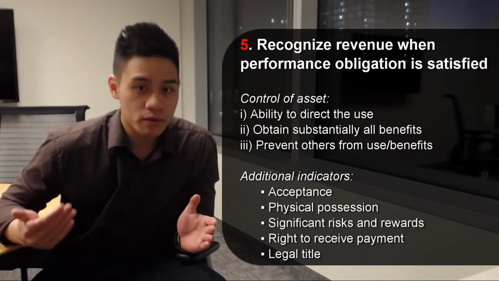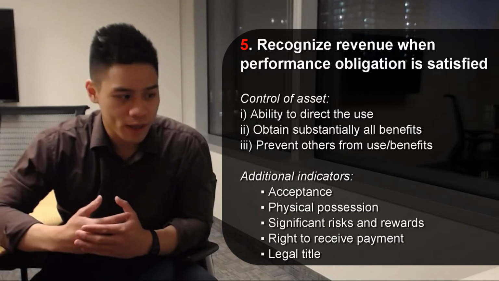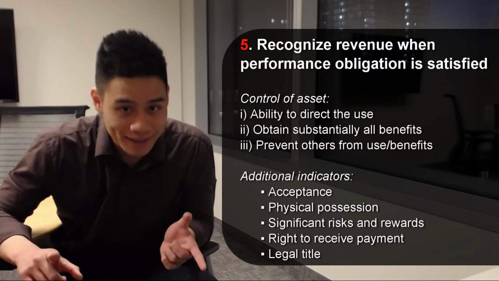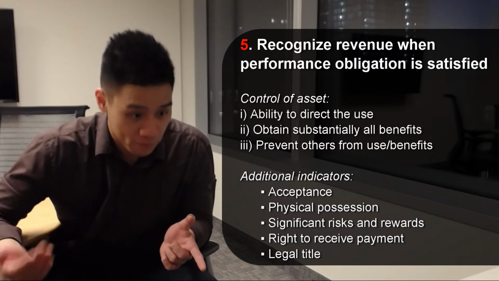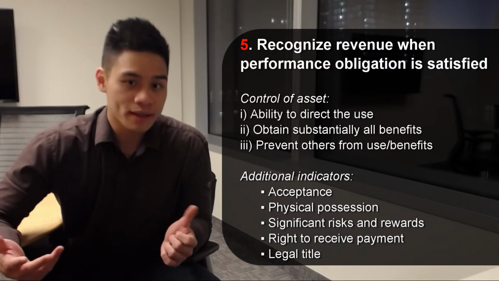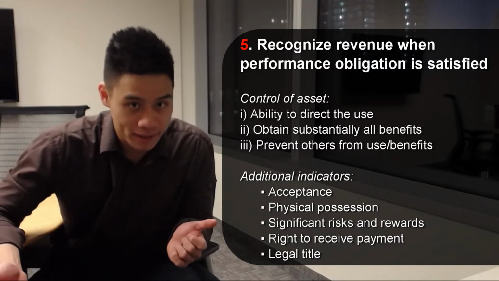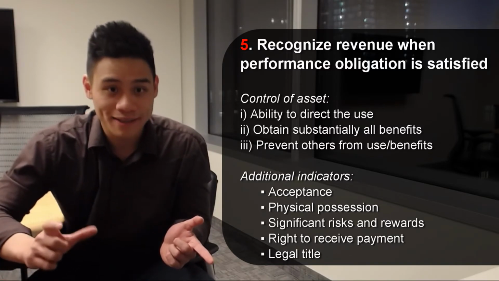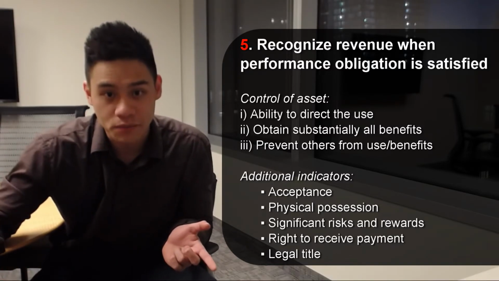There are also additional indicators of when we can conclude that the customer has control of the asset, and therefore we can recognize revenue. First is the customer has accepted the asset. Second is the physical possession of the asset has transferred to the customer.